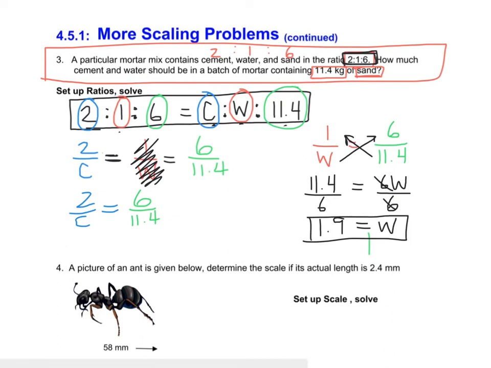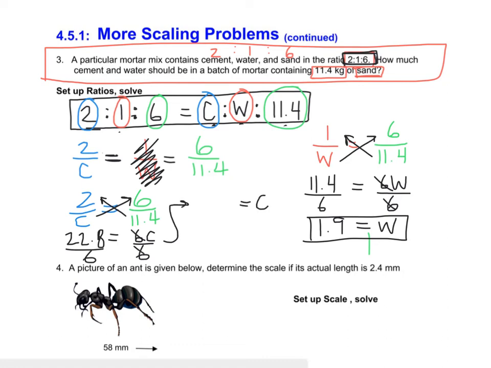Okay? Similarly over here, cross multiplying, I'm going to get C times 6, which is 6C, and 2 times 11.4, which is 22.8. Okay? And then I apologize, I ran out of room here, but I'm going to divide both sides by 6. I'll continue this up here.